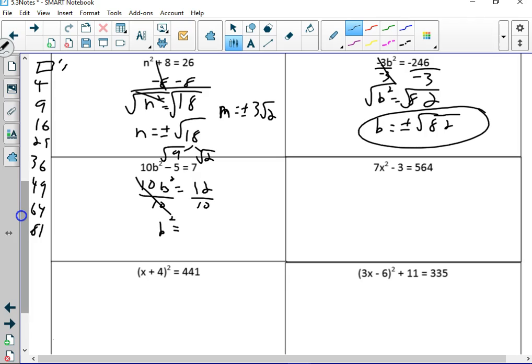B squared is going to be 6 over 5. So we take the square root of both sides. Now, here's the problem. That means b is equal to plus and minus radical 6 over radical 5. We can split that radical up.